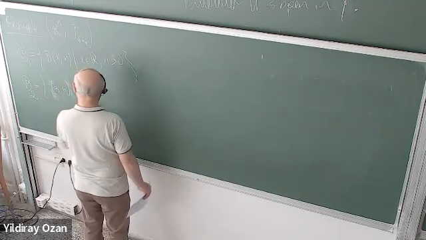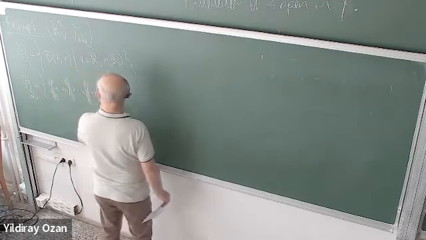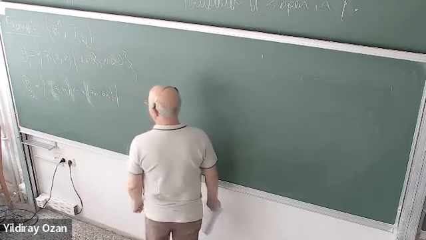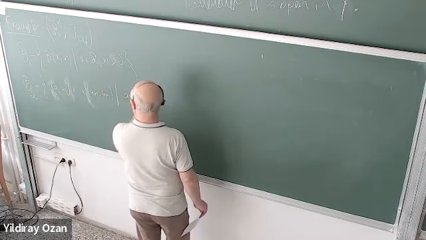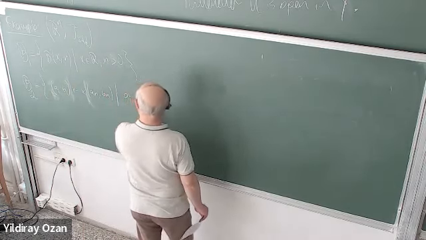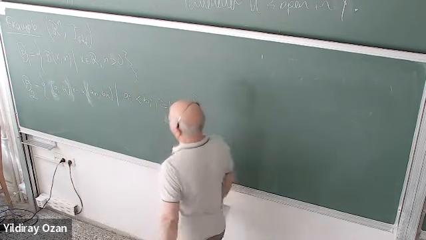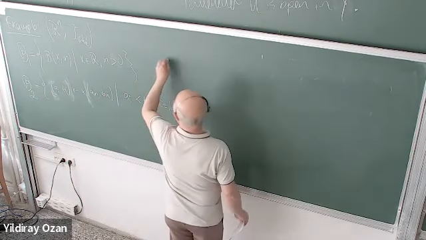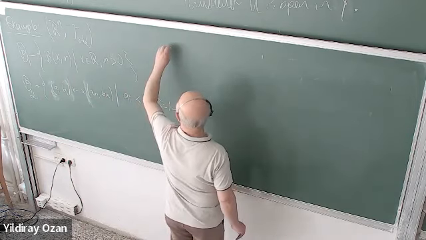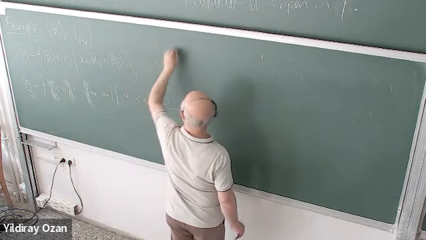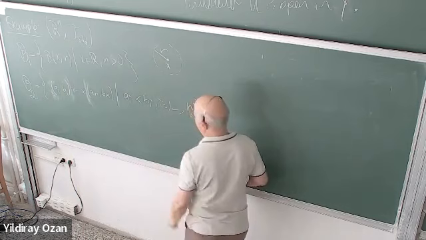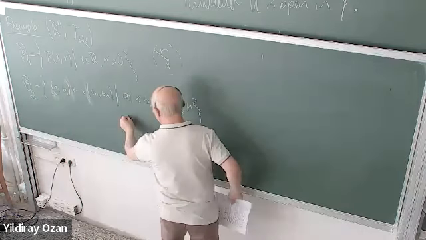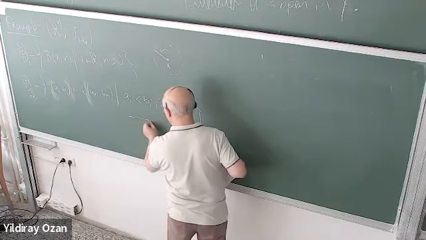Here ai, bi are real numbers. So in this case, a basis element is a box like this.